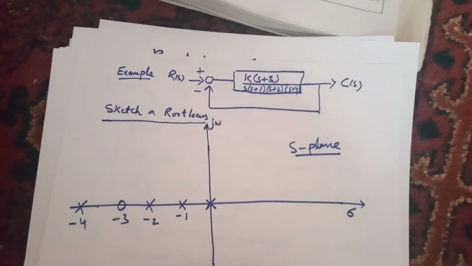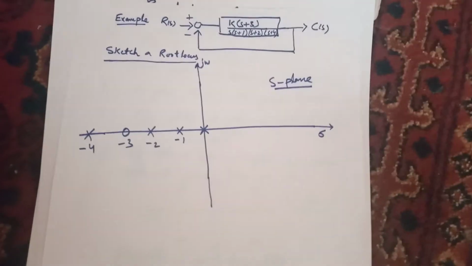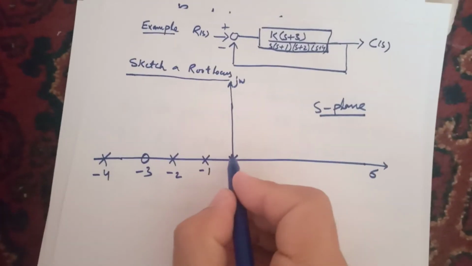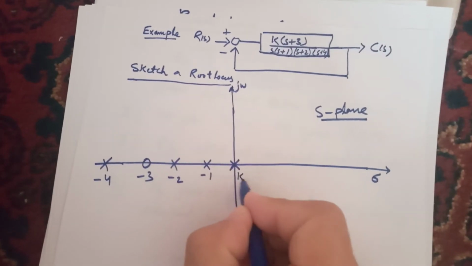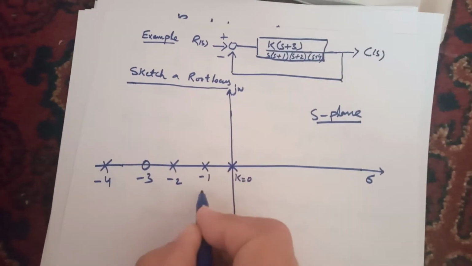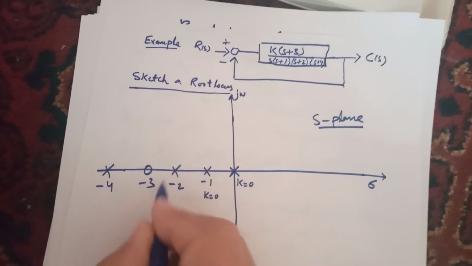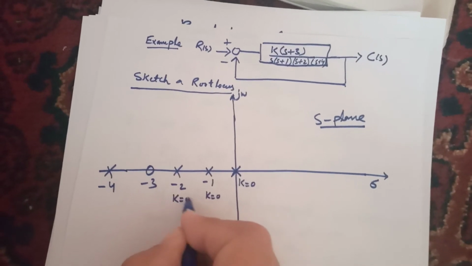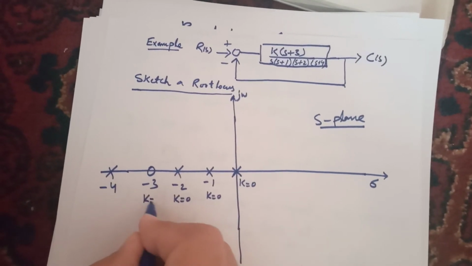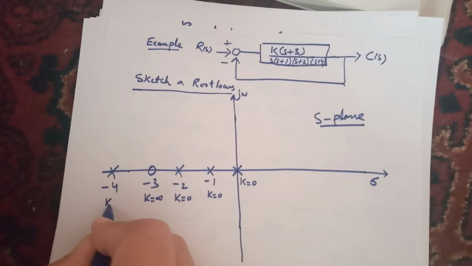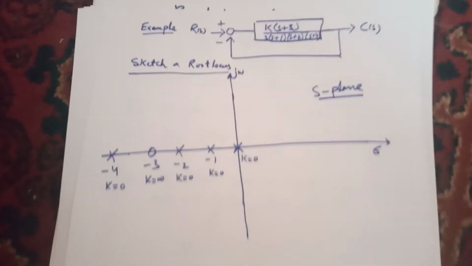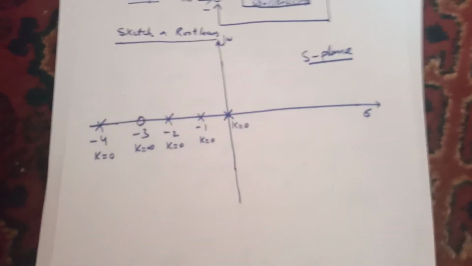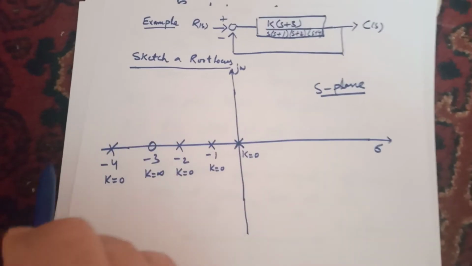So this is my S plane. Now the first thing that we know is that the value of k here is 0, here again k is 0, here again k is 0, here k is infinity, here again k equals 0. This is the first information we know. These are known as open loop poles.